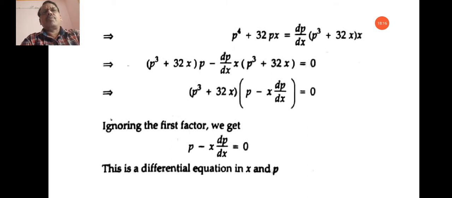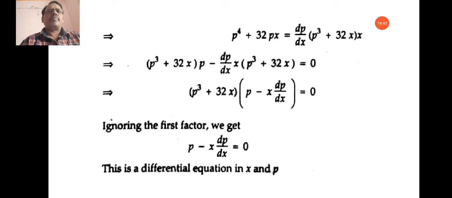Once again, p cube plus 32x is common, so take it common: p cube plus 32x into p minus x into dp by dx. Here we have a product of two terms. One does not contain dp by dx, so ignoring the first factor, take the second factor as p minus x into dp by dx equal to 0.